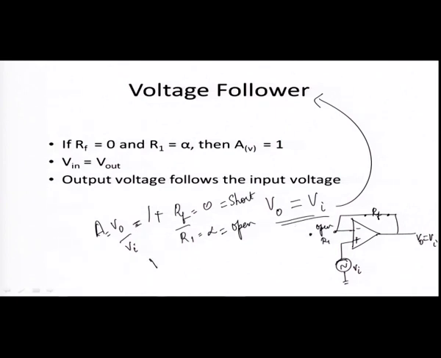If the values of RF and R1 are 0 and infinity respectively, then the output voltage V0 is equal to Vi. This is the voltage follower circuit from the non-inverting amplifier circuit by having the values of RF and R1 as 0 and infinity.